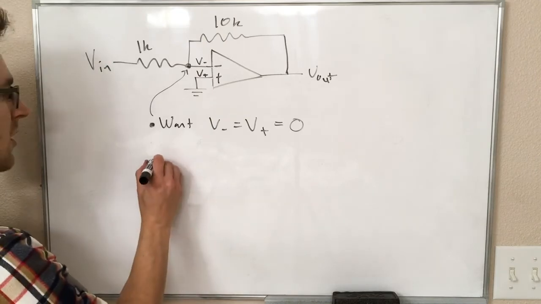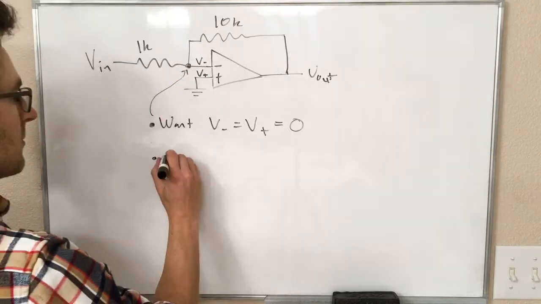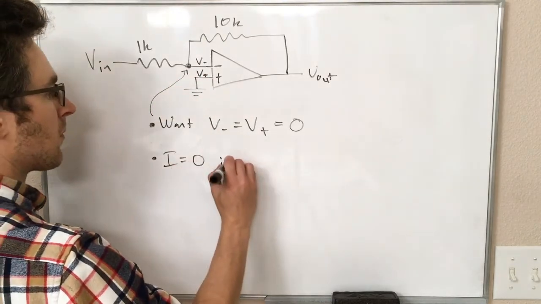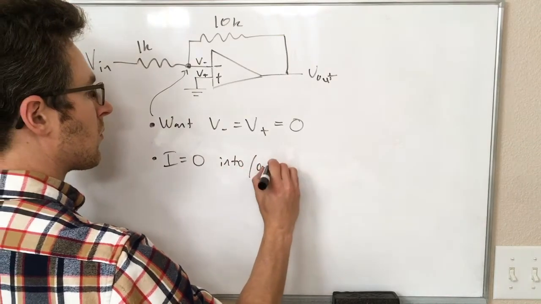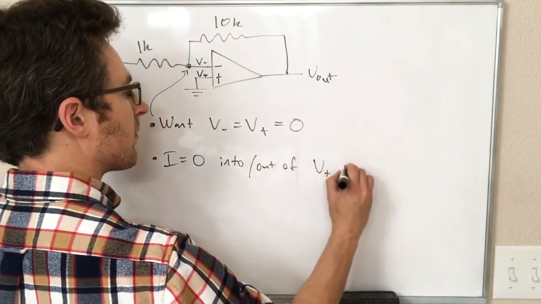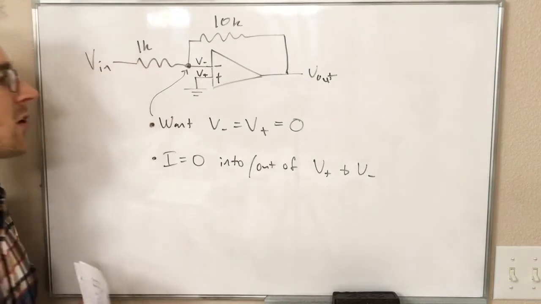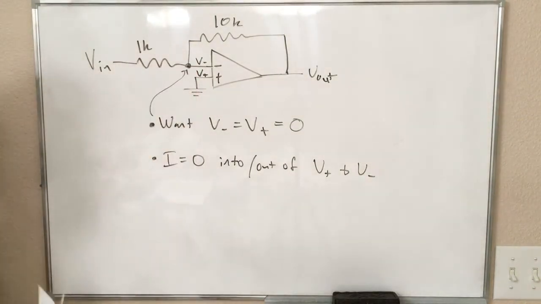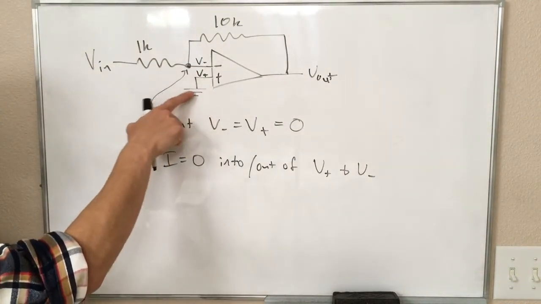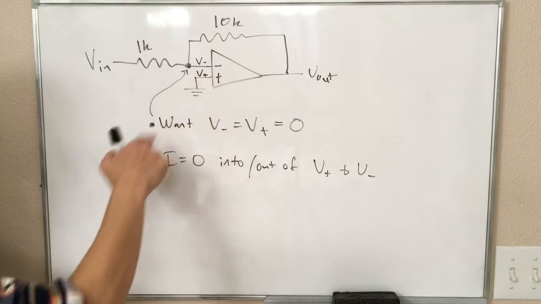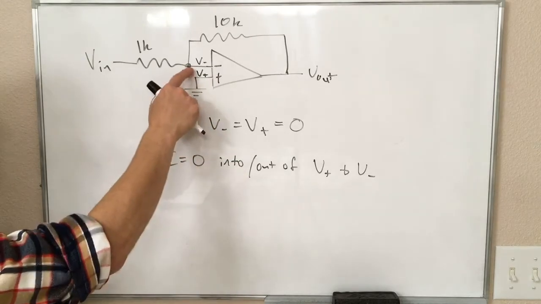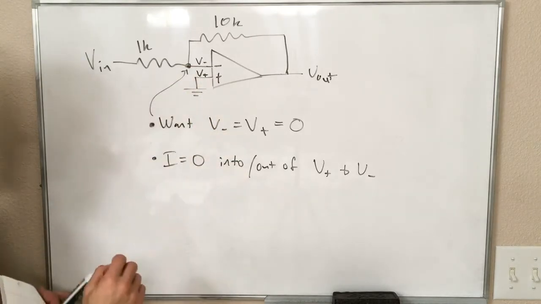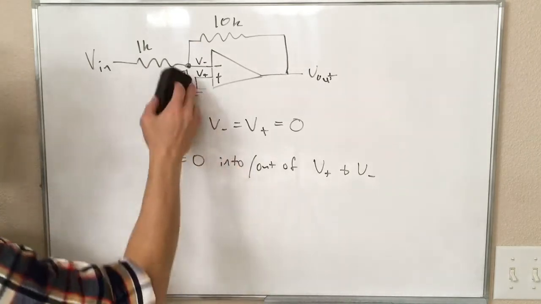The second rule is that we don't have any current in or out of our two inputs. For V plus, that doesn't really matter because nothing interesting is happening here. This is just grounded. But for this, it does matter, and I'm going to erase stuff around this here.